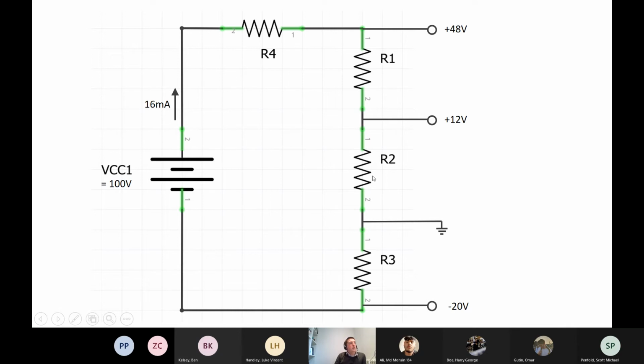So we find out the voltage across each component, like the voltage across R2 must be 12 volts, just from where we've defined 0 on the circuit and where we've defined plus 12. And if we know the voltage and we know the current, we can go on and calculate the resistance.